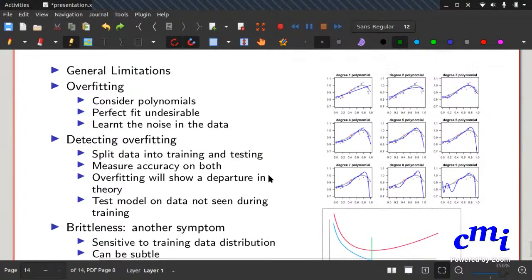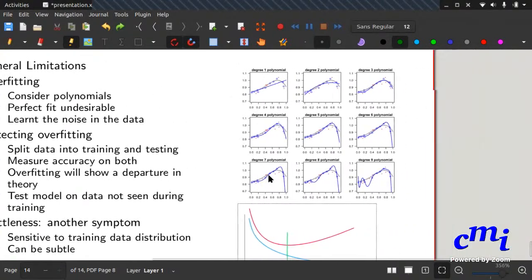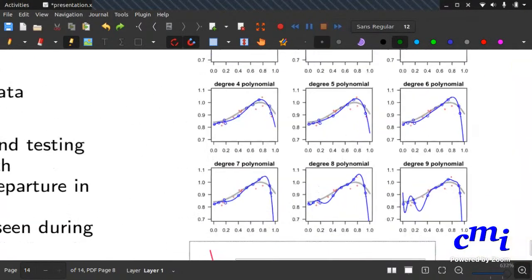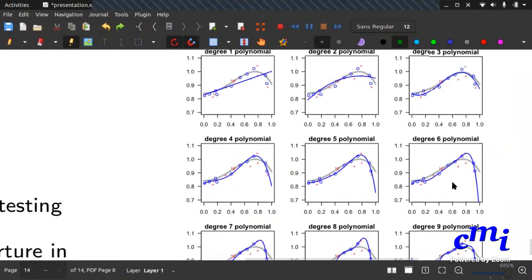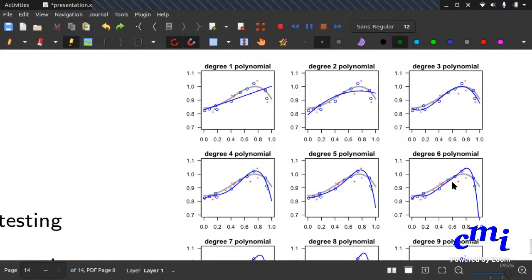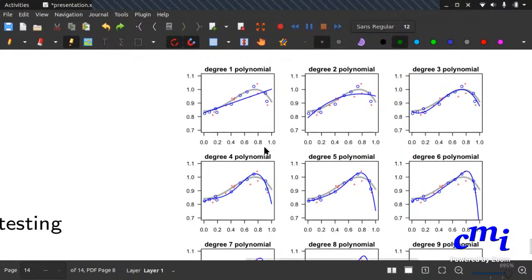So finally, let's talk very quickly about overfitting. Let me just focus on this particular image. Let's go back to the simple parametrized function that we had seen before, which is a polynomial, right?